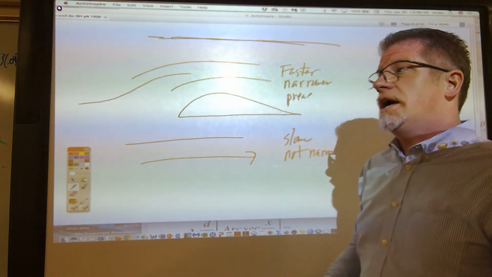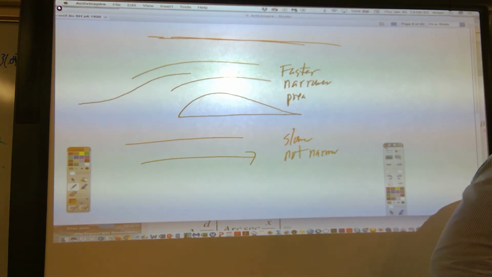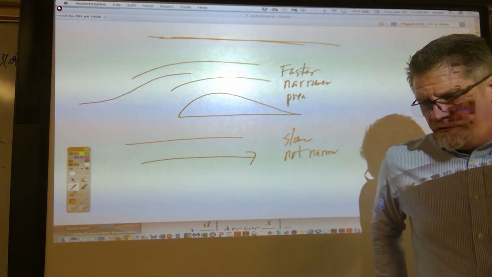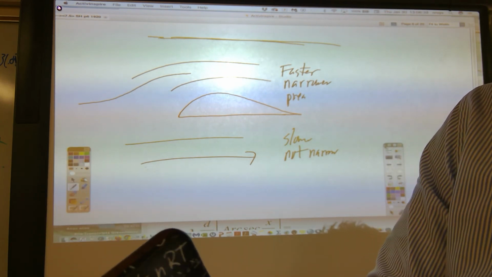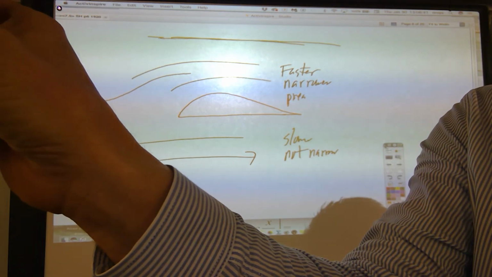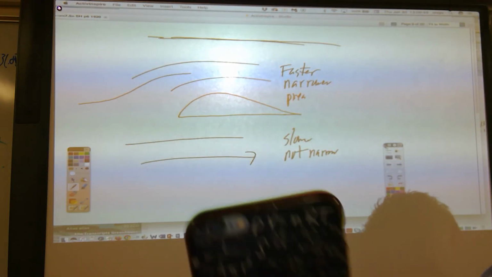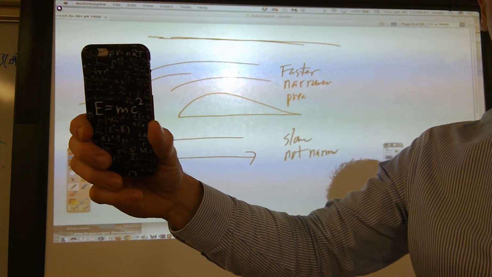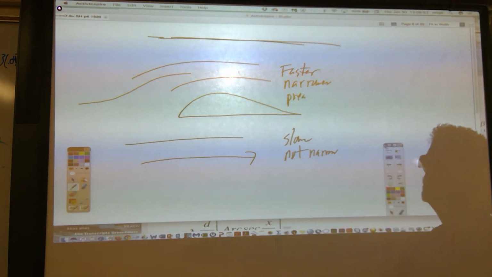And Val is contributing that, I think. Does anyone have my phone? The pressure for PV equals nRT is on my phone, right? It's the very top equation on my phone, PV equals nRT. Let's put it right up on the camera. There are a lot of equations on there.